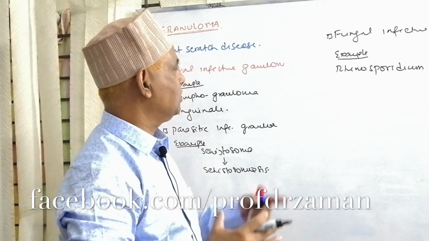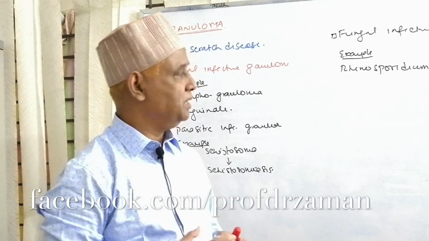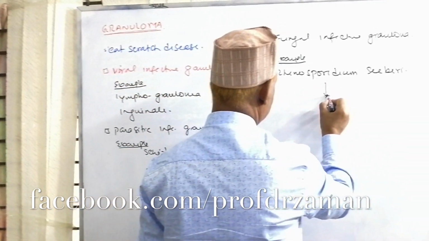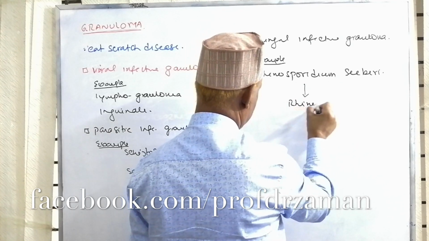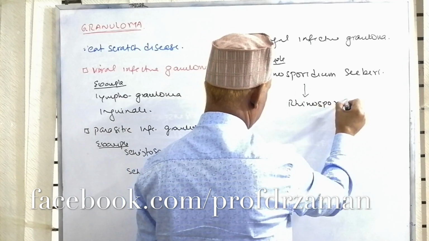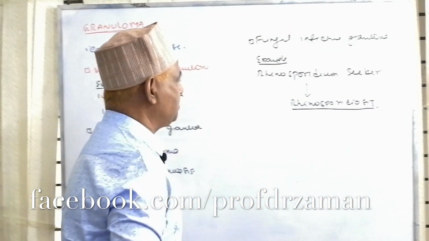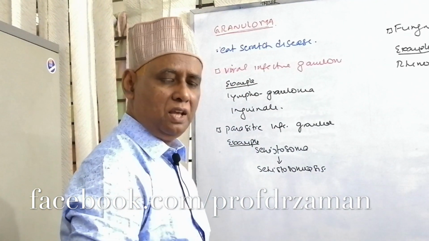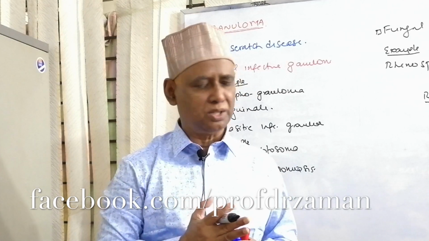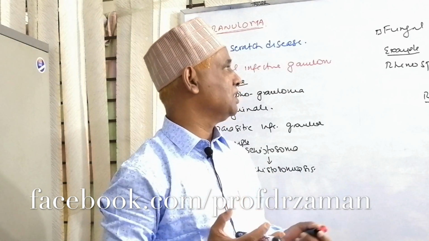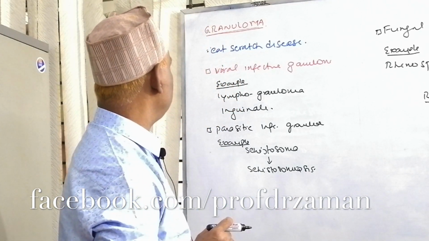At the site of infection, this fungus leads to formation of granuloma, and the disease is called rhinosporidiosis. If anybody suffers from rhinosporidiosis of the nasal mucosa, the patient may come to you with an inflammatory polyp. If you do histopathology of that polyp after resection, we can get granuloma, and this is an example of granuloma in fungal disease. So these are the infective immune granulomas.